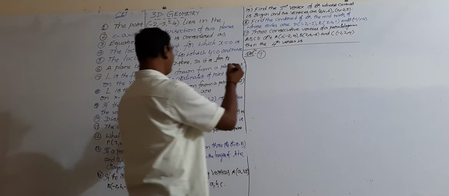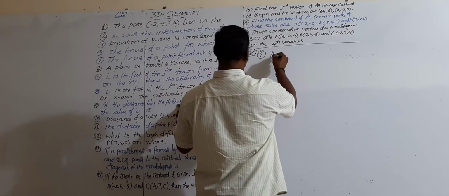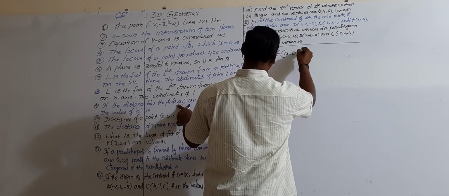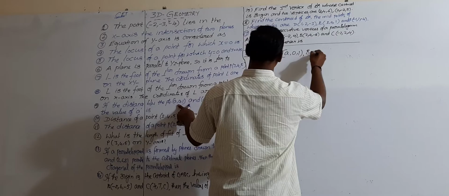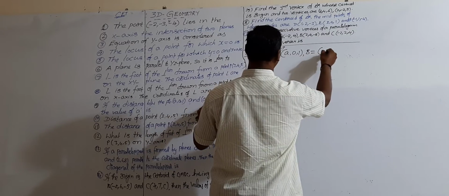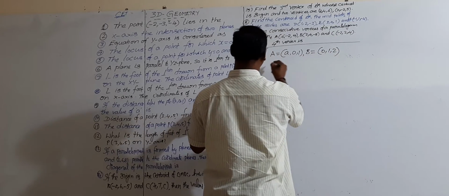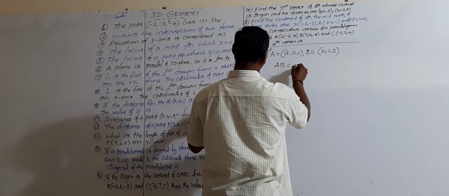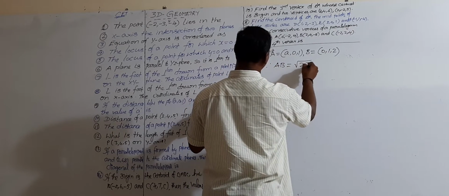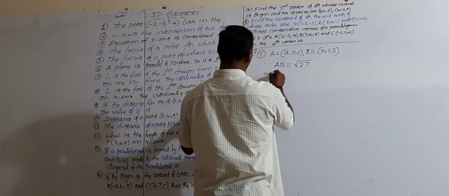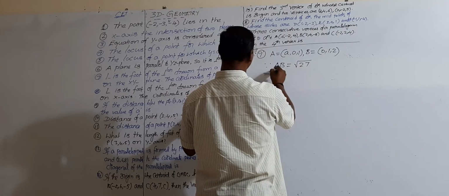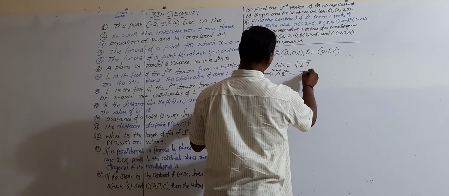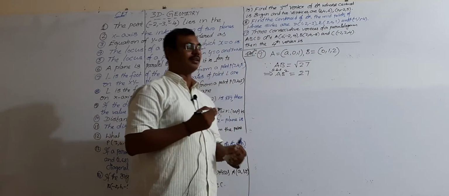Let us take A = (a, 0, 1) and B = (0, 1, 2). Since AB distance equals square root of 27, squaring on both sides, AB squared equals 27.